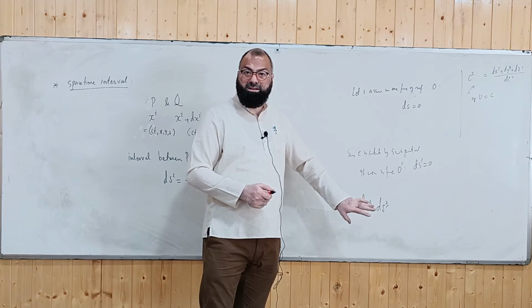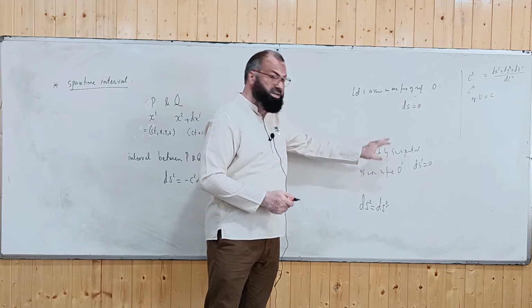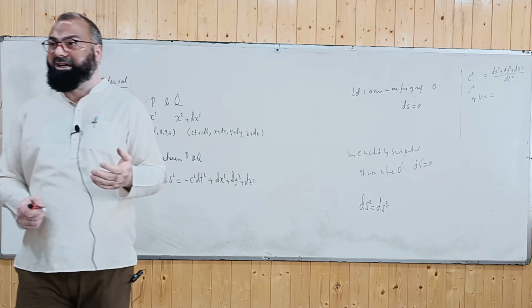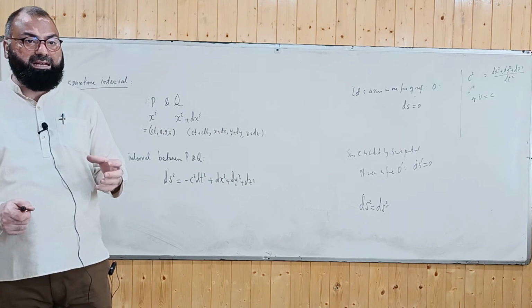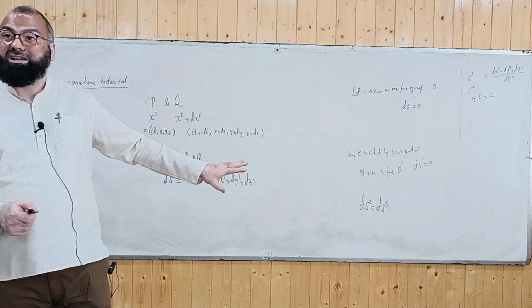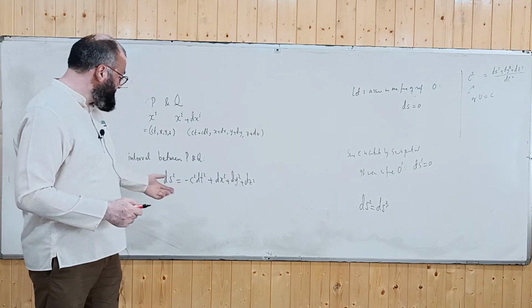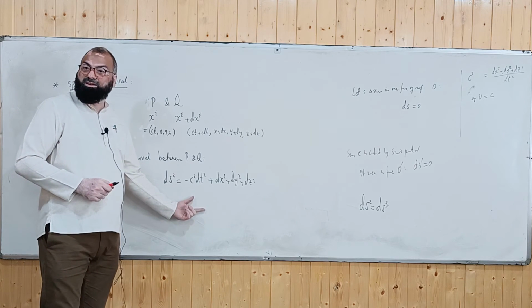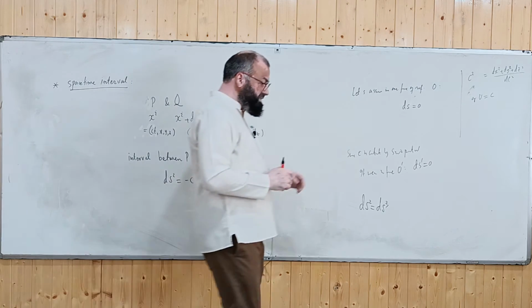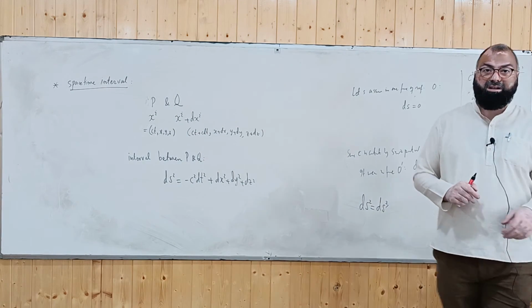Based on this observation, that if an interval vanishes in one frame of reference, it vanishes in another frame of reference, we are trying to figure out a more general condition in which this object remains invariant. It is all because of the constancy of the speed of light.